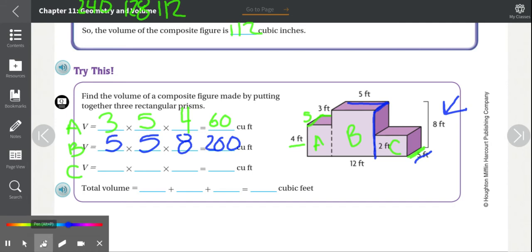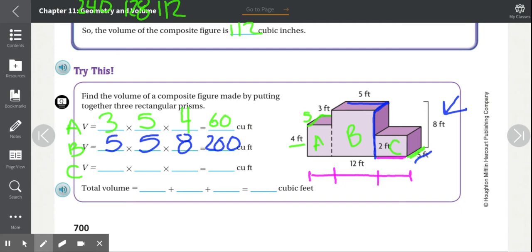Finally, we need to find the volume of rectangular prism C. The length of rectangular prism C is right here. This is a piece of information that we don't know and that we can't use congruent sides to help us figure out. What we do know is that the whole length of our shape is 12 feet. We know that it's broken up into 3 different rectangular prisms.